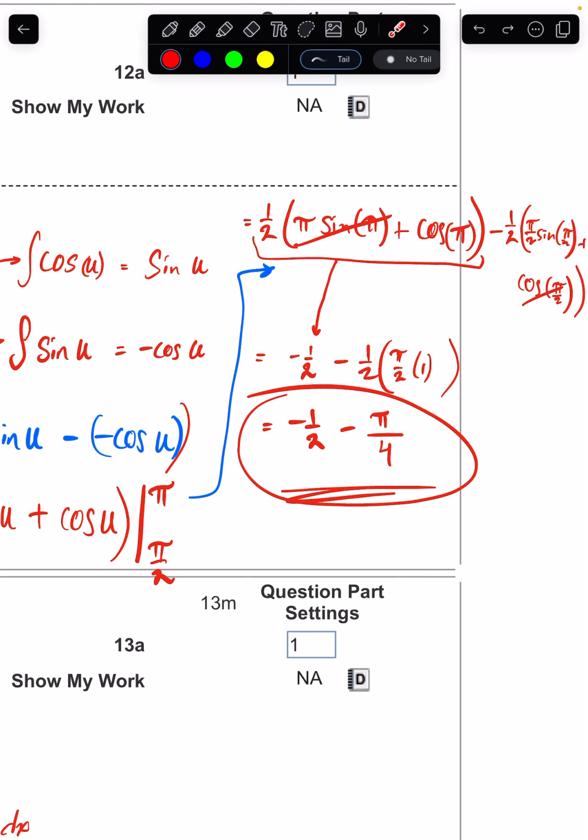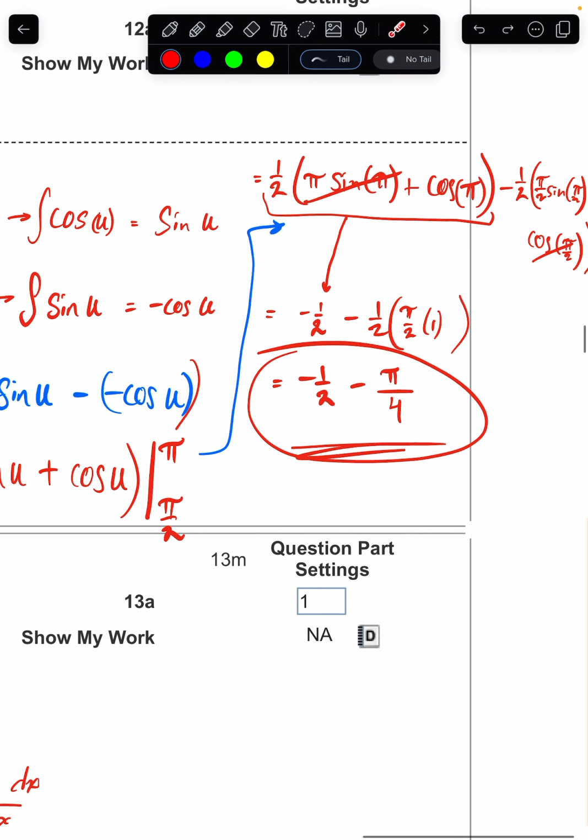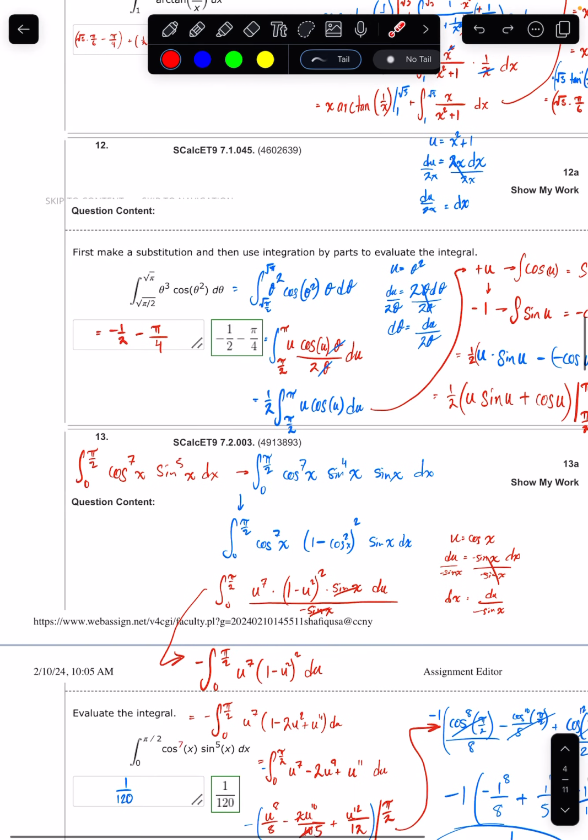Plus cosine of pi over 2 is 0, so that crosses out, and you're left with -1/2 times pi over 2 multiplied by 1. That's just 1. So you're technically just left with -1/2 times pi over 2, and multiplying these together, you're left with negative pi over 4. And that should be your answer. Yep, that's the answer.